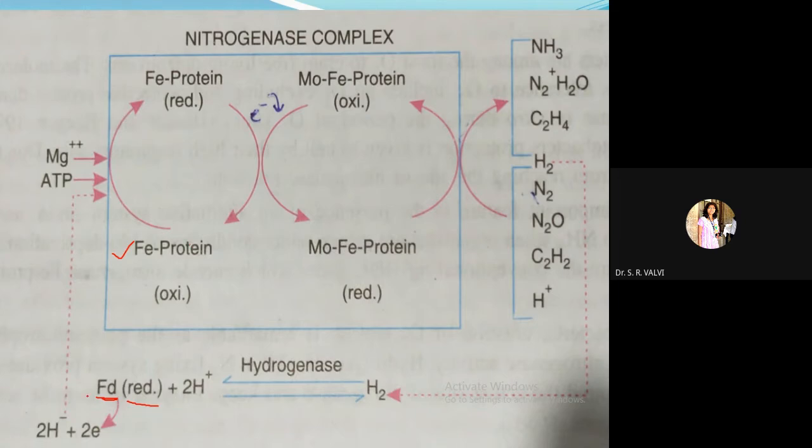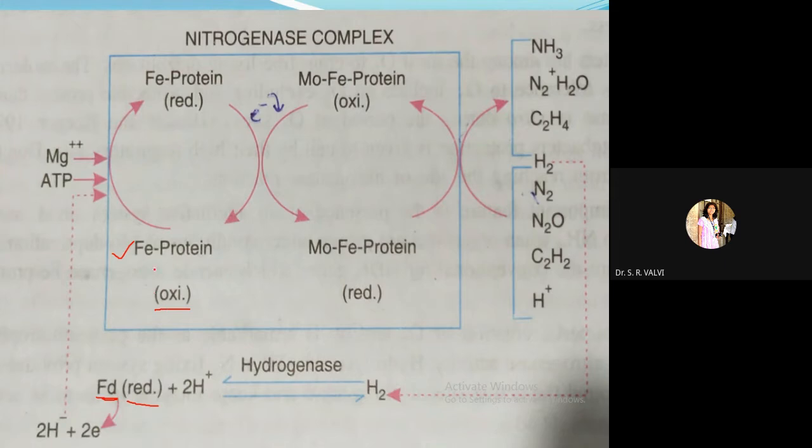Ferredoxin gives electrons to the Fe protein, but the Fe protein should be in its oxidized form. I have written OXI over here.